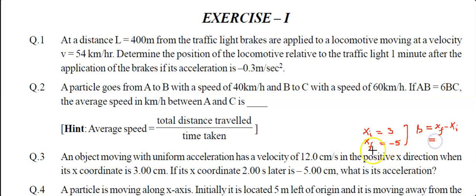So you need to use this s, that is displacement, as minus 8. And what else have you been given? The time taken for this process, so you have t, right? And then what else is given? Initial velocity is given, so you know initial velocity as well. And you can use the formula s is equal to ut plus half at square. From there you can calculate the acceleration for this particular case.